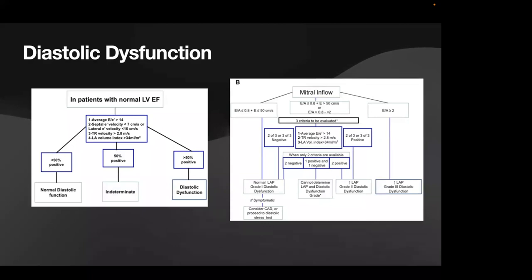They found that if you map your S to D ratio, and the S is much bigger than the D, you're more than likely to be in a situation where you have normal left atrial pressures. In essence, it's another marker to tell you that you have normal filling pressures of the left ventricle.